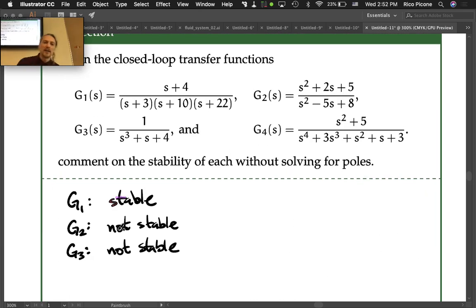And finally, G4. We've got all of our powers there. We don't have any missing ones, and we don't have any negative ones. So what can we conclude?